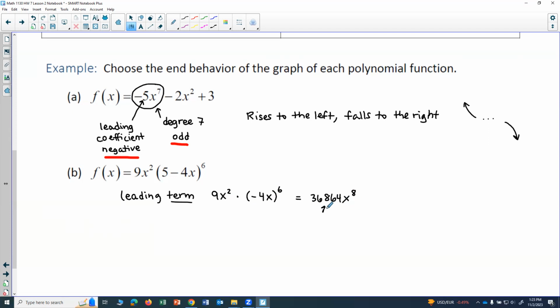And so I have a positive leading coefficient, and I have an even degree. And so I know that it's going to rise to the left, and it's also going to rise to the right.